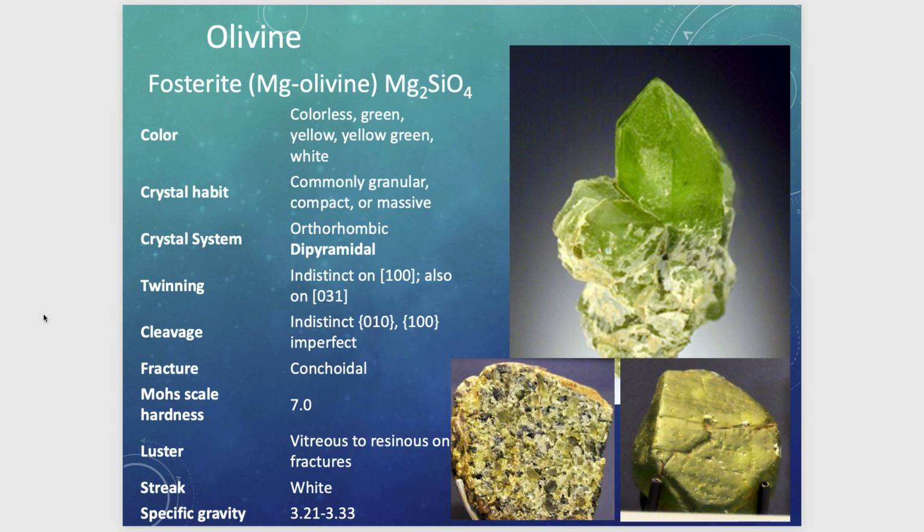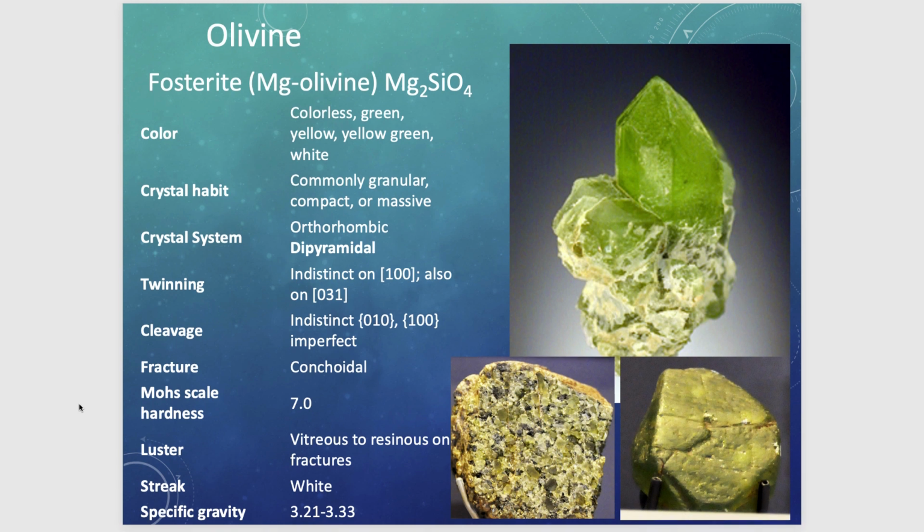Other aspects are the hardness, very similar to quartz, as expected for a mineral that crystallizes at depth in the mantle, and the luster is vitreous to resinous on fractures, and that's quite obvious. You can see it's really translucent, especially this variety. The gemstone quality variety is very transparent.